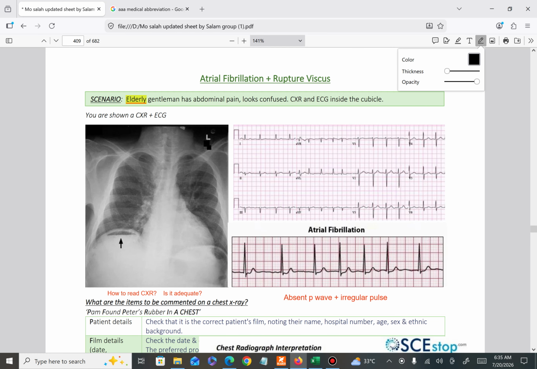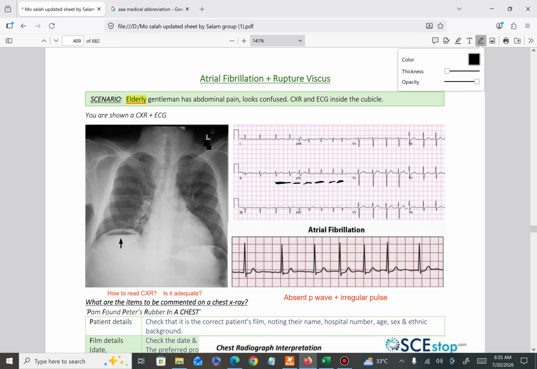Then you can see this ECG. First you have to look at the rhythm, whether it is regular or irregular. You check the rhythm by looking at the RR intervals. You can see the RR intervals are irregular, which means the rhythm is irregular. Then check whether it is sinus rhythm or not.